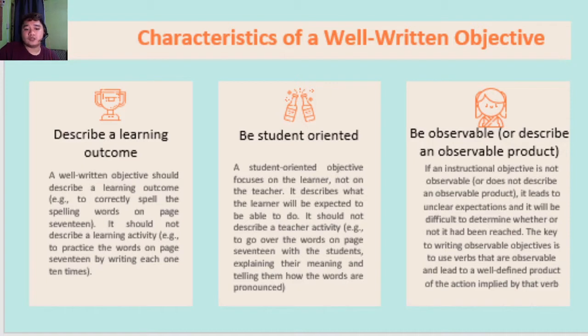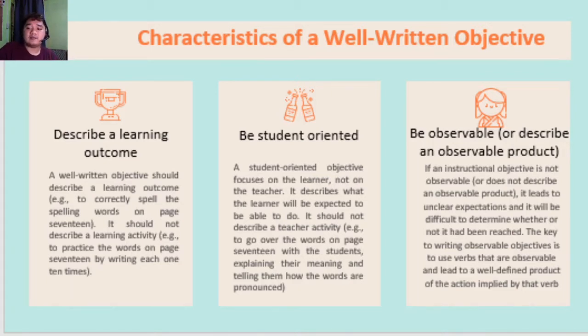For example, to go over the words on page 17 with the students, explaining their meaning and telling them how the words are pronounced. It may be helpful to both the teacher and the student to know what the teacher is going to do, but teacher activities are also not to be confused with instructional objectives.